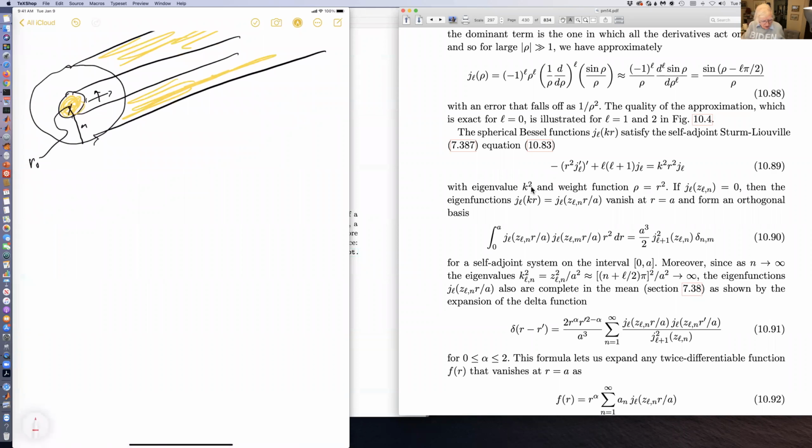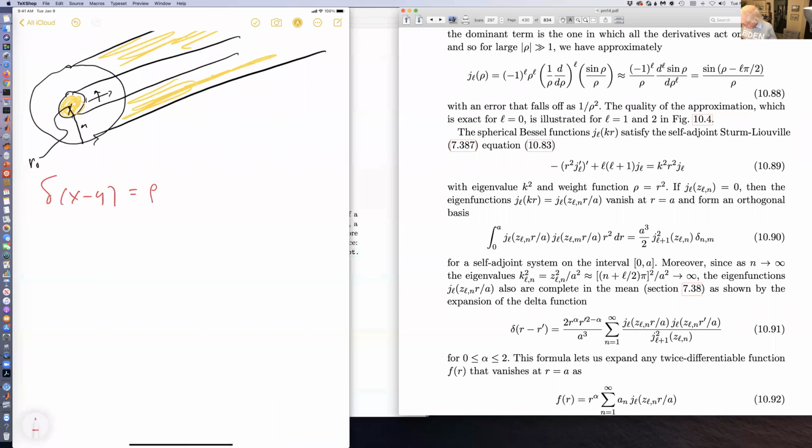In general, what we have is an expansion of delta of x minus y.